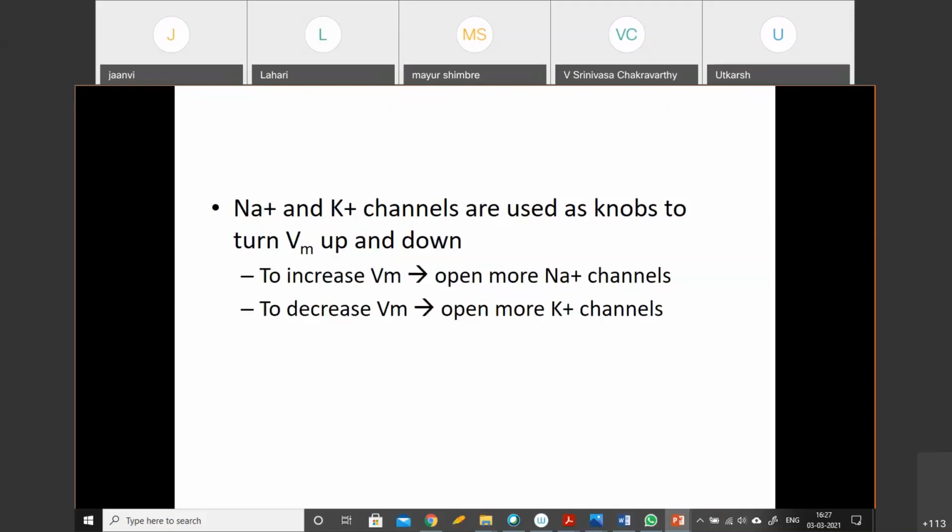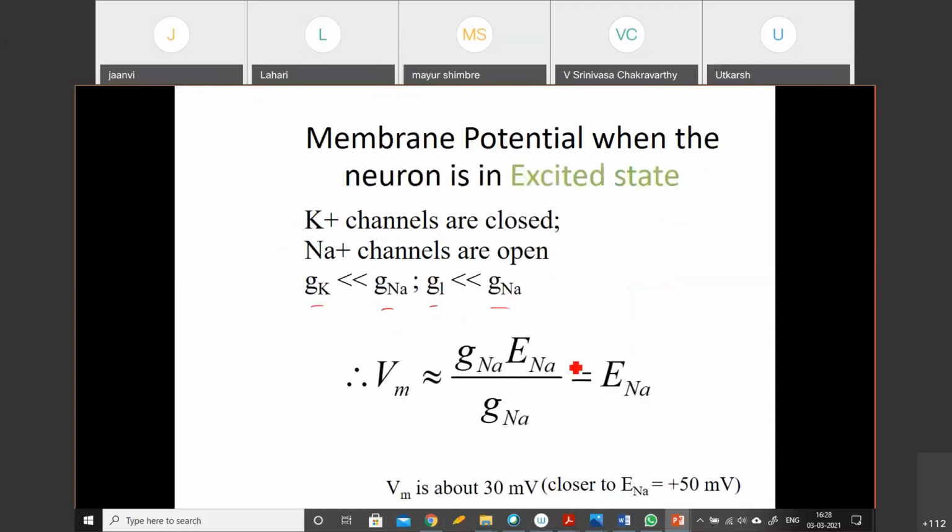So what we want to understand is, okay, we understand now why VM is minus 70 millivolts under normal resting conditions. But what we want to understand next is how does it go to a positive value during an action potential. So for that, we understand now that if you want to increase the membrane voltage VM, you need to open more sodium channels, because if you open more sodium channels, right, VM goes closer to ENa.